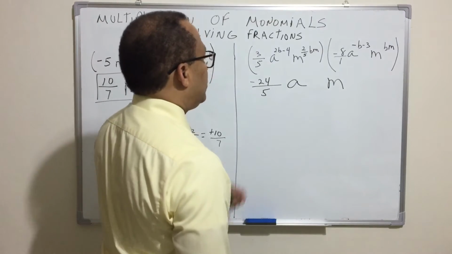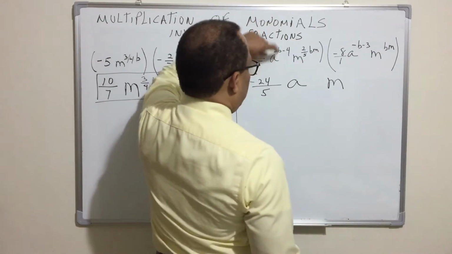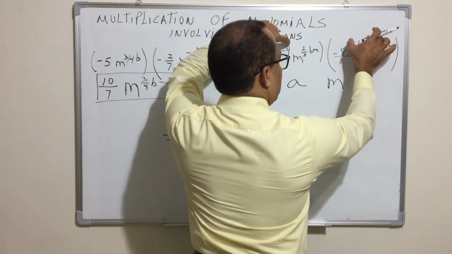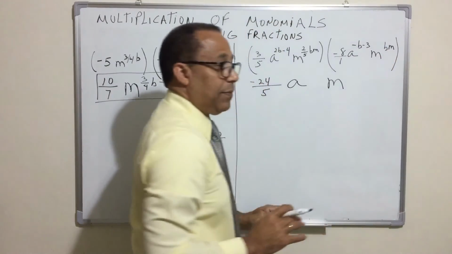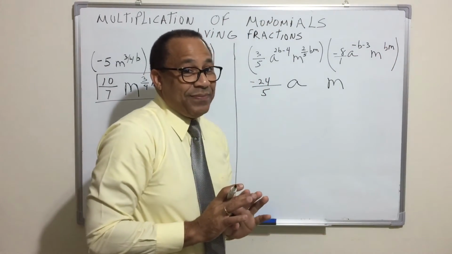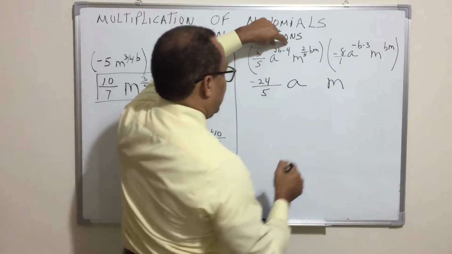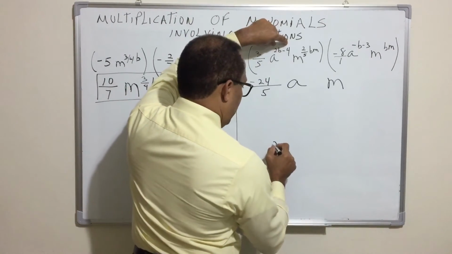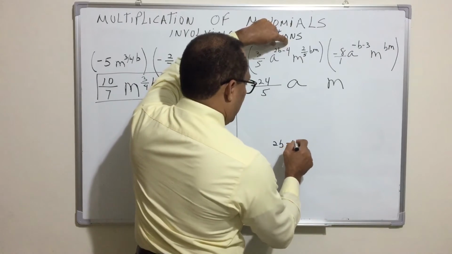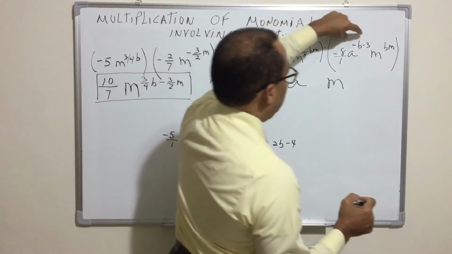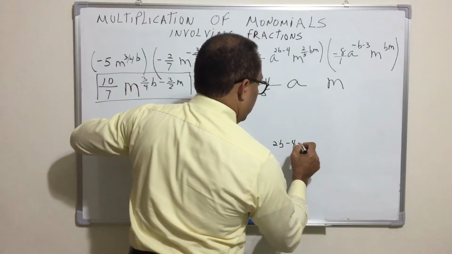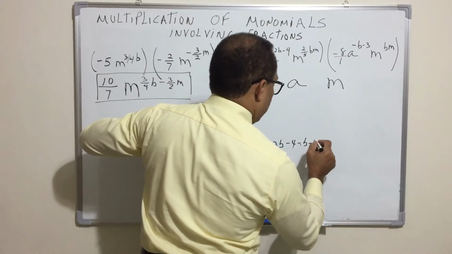So what do you do? You take the exponent for the A, these two, and you add them or subtract them. Why do I say add or subtract? Look here. It says 2b minus 4, and then bring down minus b minus 3.